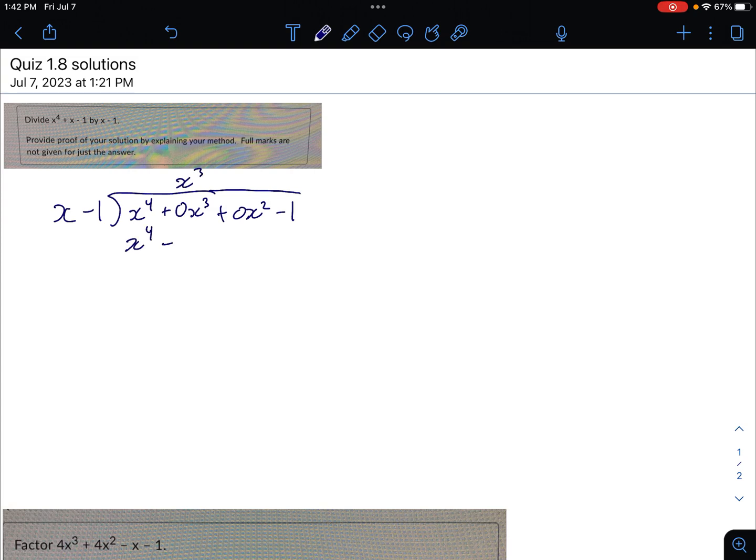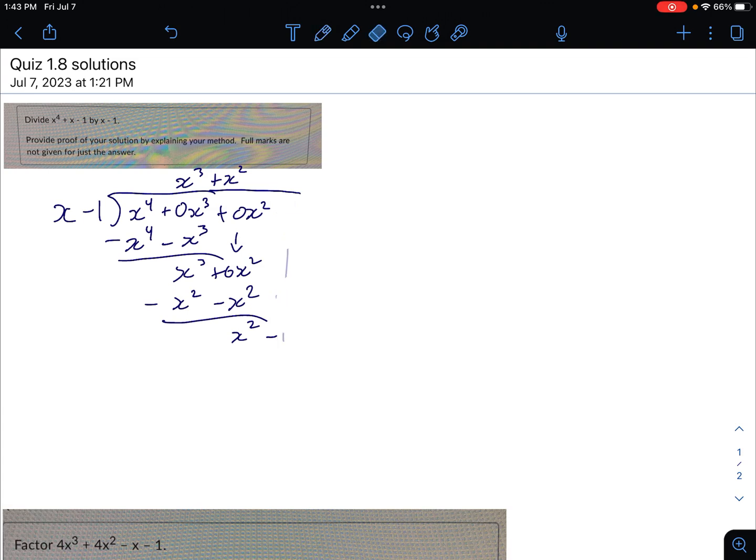So you want to make your leading coefficient the same as this leading coefficient, so let's just multiply by x cubed. So we have x^4 minus x cubed, and when we subtract them, we get just x cubed plus 0x squared. Well, when we want those leading coefficients to be the same, we add the x squared, x cubed minus x squared. We subtract them from each other again, you get x squared minus 1.